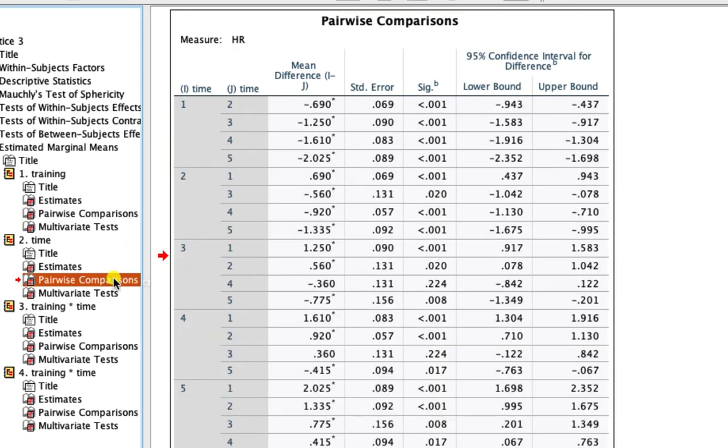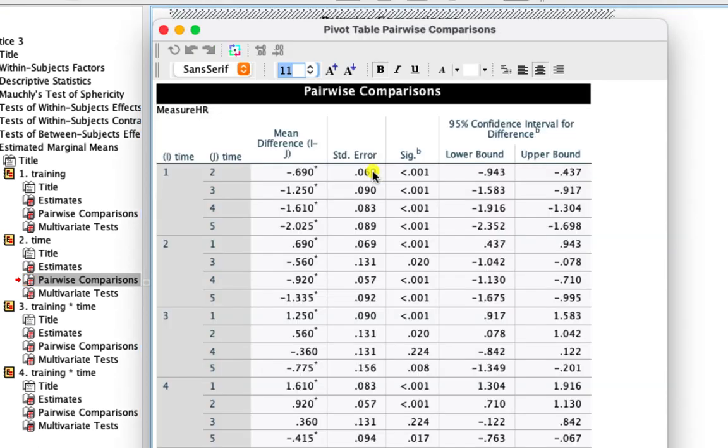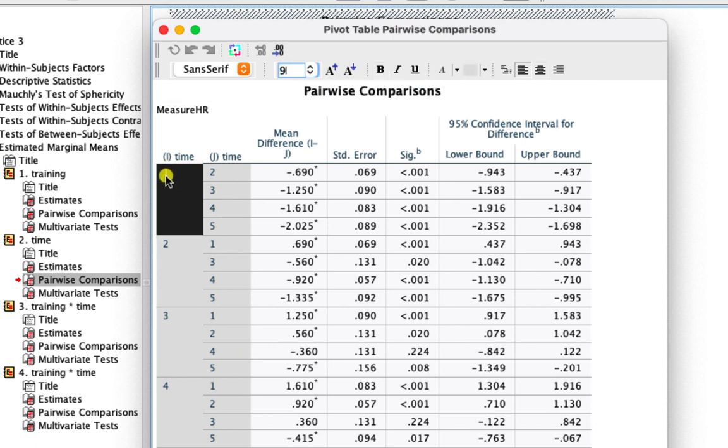We can then go to our pairwise comparisons for our time variable, in which case 1 was equivalent to 4 minutes, 2 was equivalent to 8 minutes, 3, 12, 4, 16, and 5, 20. If the numbering messes with your head, when you double click in your table, you can actually change the values here.